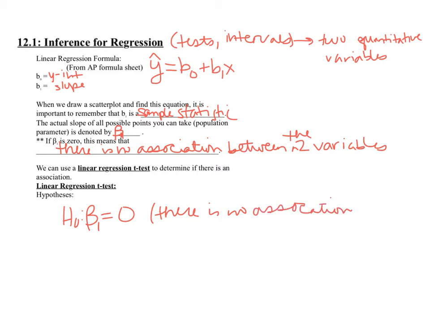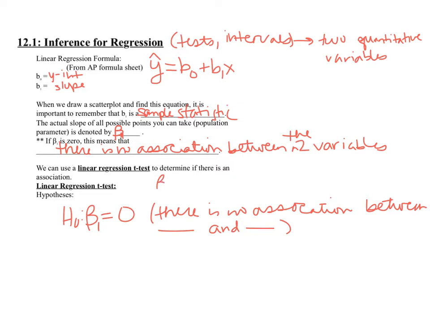You either need to define the parameter beta sub 1, or just write out the hypothesis in words. Either of those is acceptable. I'm going to show you how to write it out in words.